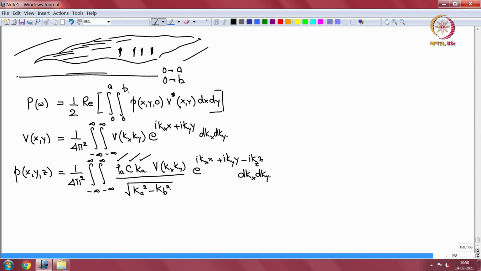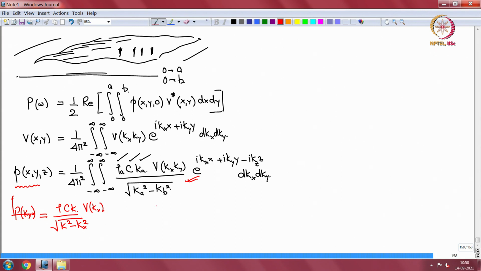If you remember, in the 1D panel also we had a similar expression for the pressure at wave number kx, which was given by rho c k divided by the acoustic wave number square minus kx square, into V of kx.